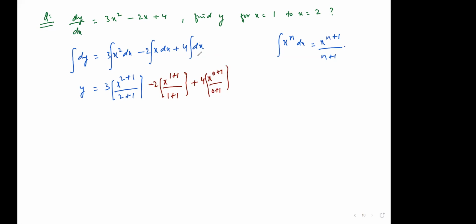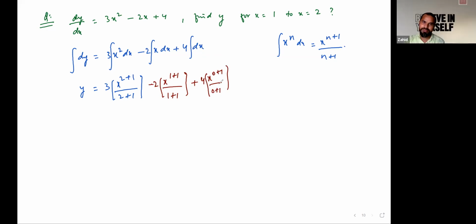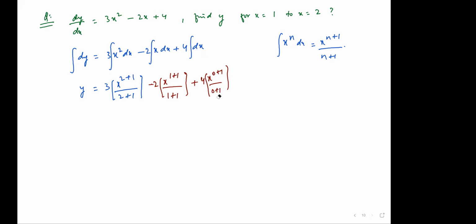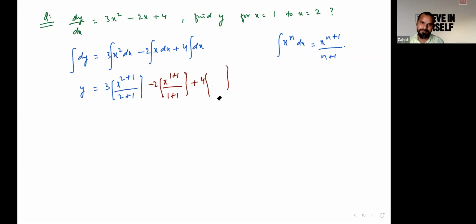Or you may write it as the integration of dx to be x only. Okay. Instead of writing this whole part, just write it as x. So we have just integrated the whole part. Now simplify this particular term and start putting the limit from 1 to 2.